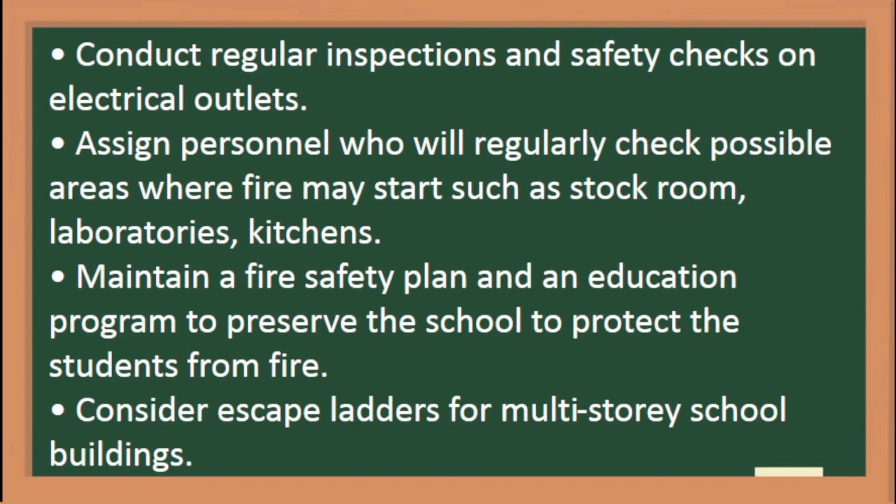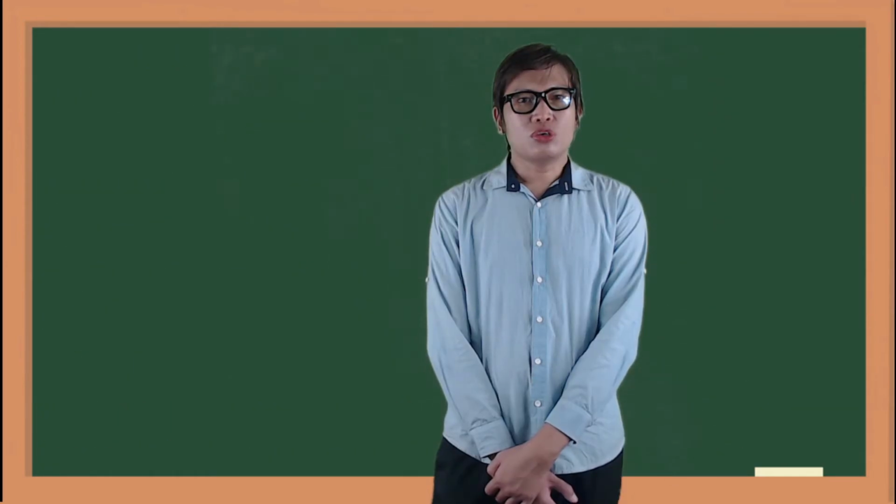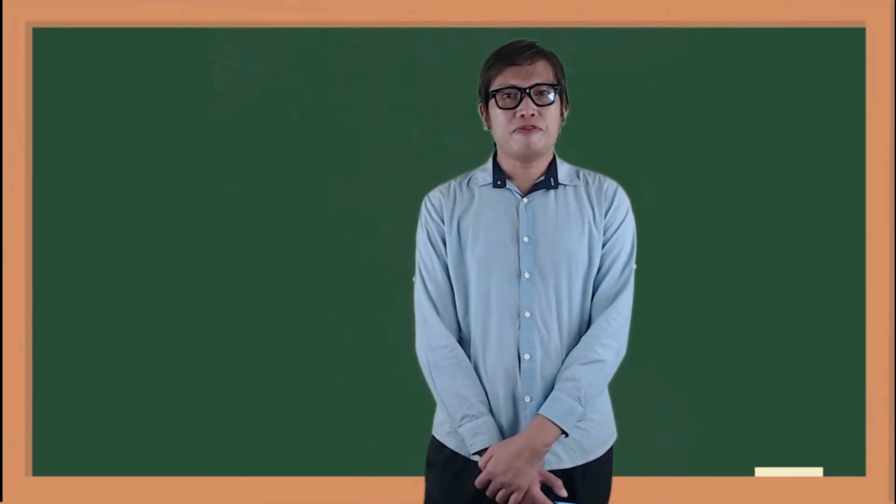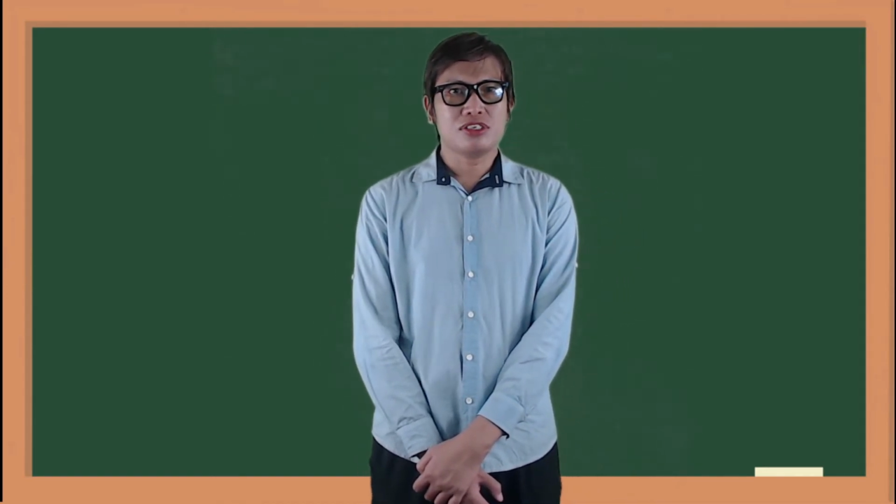Next, maintain a fire safety plan and an education program to protect the students from fire. Consider escape ladders for multi-story school buildings. So these are the things that we should remember before a fire incident happens.